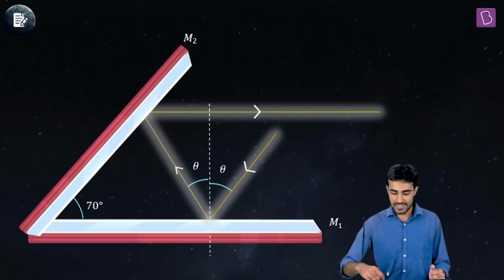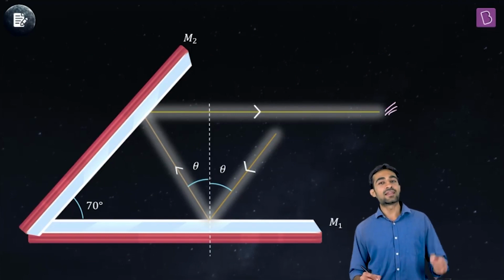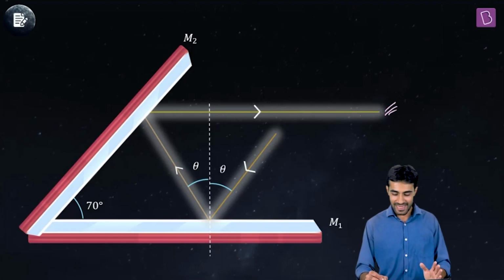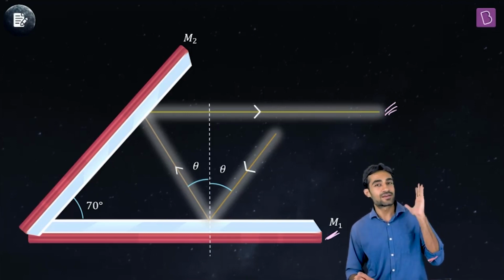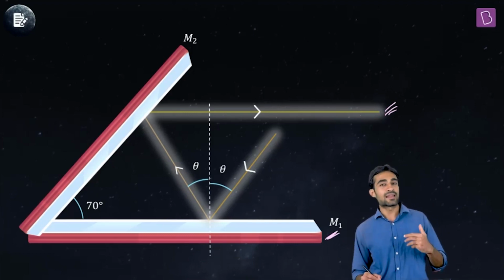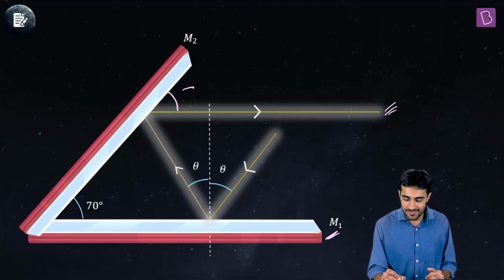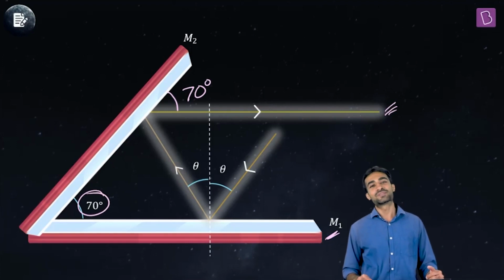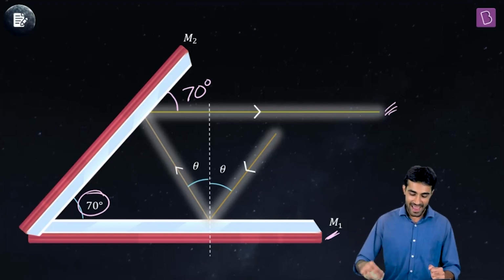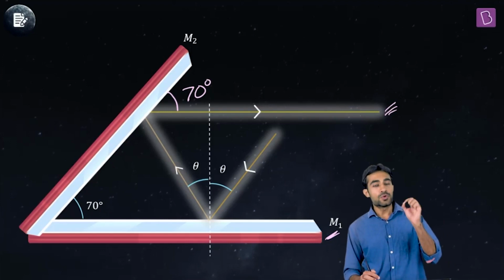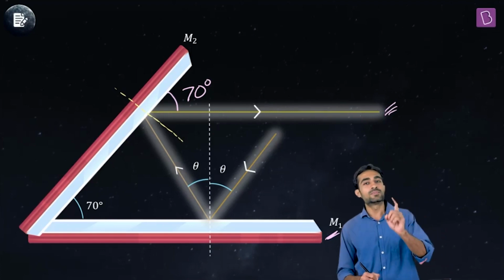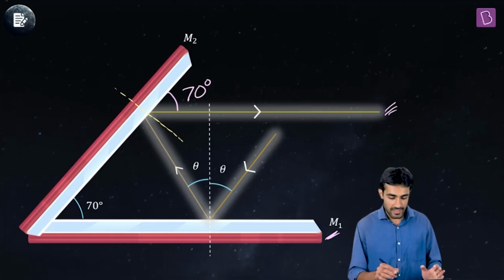What is given? It is given that this light ray, the final reflected light ray from the second mirror, is parallel to the first mirror. So if these two things are parallel, then this angle must be 70 degree, because this angle was 70 degree. Okay? Now, can you tell me what is the angle made by the reflected light ray from this normal of mirror M2.